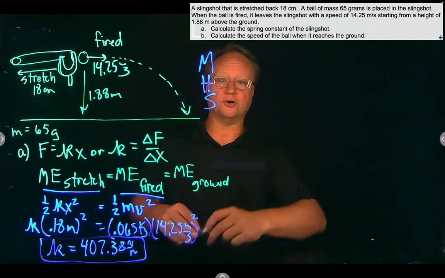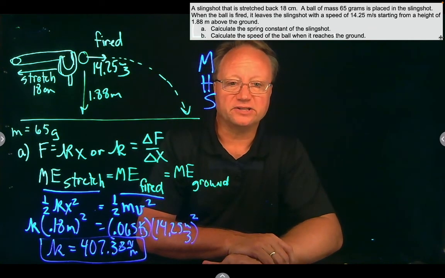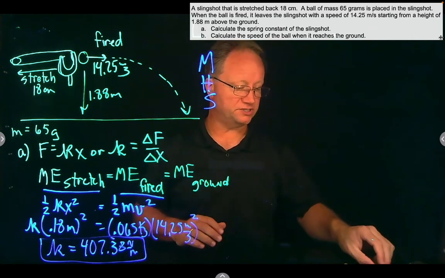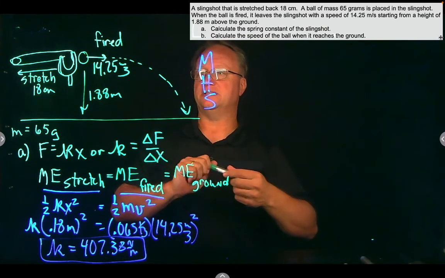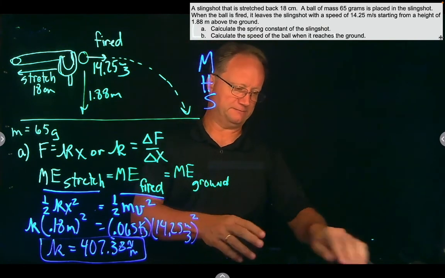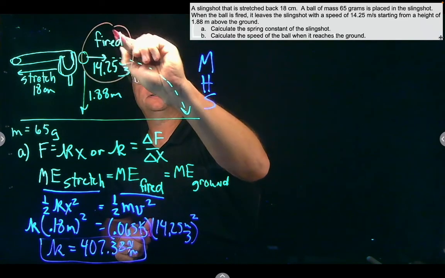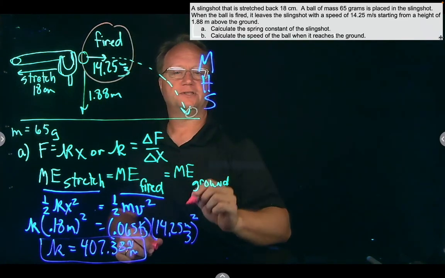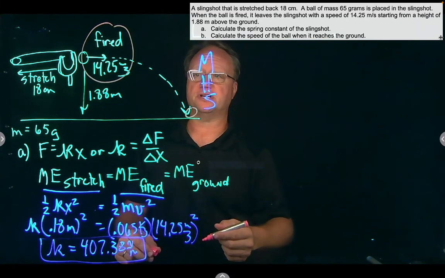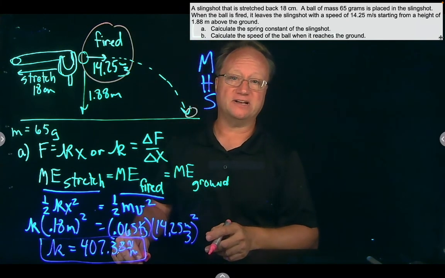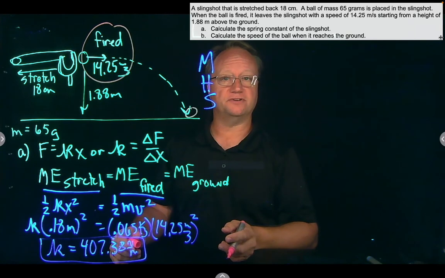Now, part B, calculate the speed of the ball when it reaches the ground. Well, now we're going from the fired over to the ground, the instant before it strikes. That's being governed by gravity, which is also a conservative force.